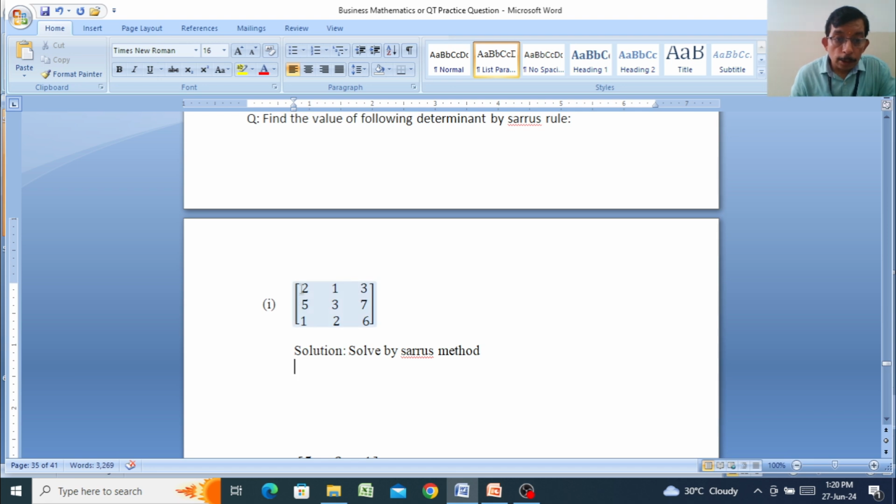First we note down the three given columns.